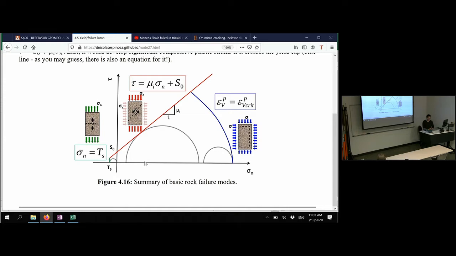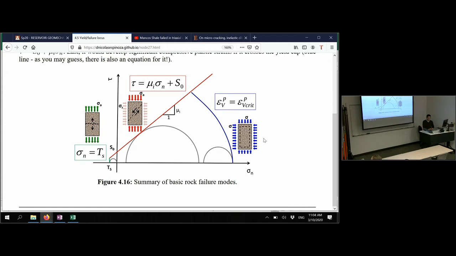At the tip of your fracture, your Mohr circle is going to go to the left. Your Mohr circle cannot go too big because you're going to run into shear failure. That's what happens, for example, when you reactivate a fault or when you create failure around a wellbore. We're going to see that later on.